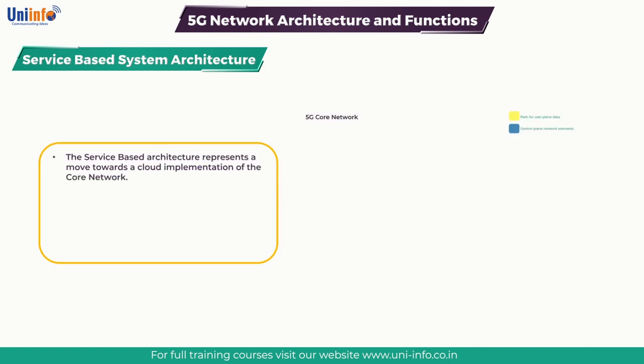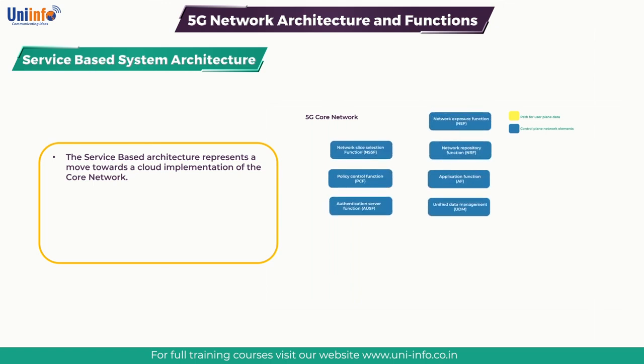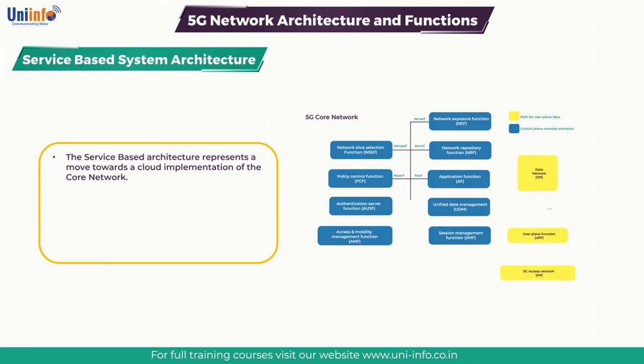The service based architecture represents a move towards a cloud implementation of the core network. Legacy core networks have been deployed using separate hardware for each network element. Newer core networks have been deployed using virtualized network elements to allow multiple network elements to operate using a shared hardware platform.